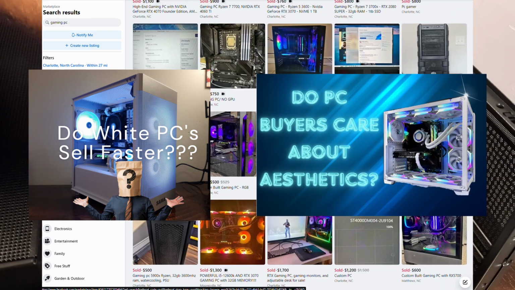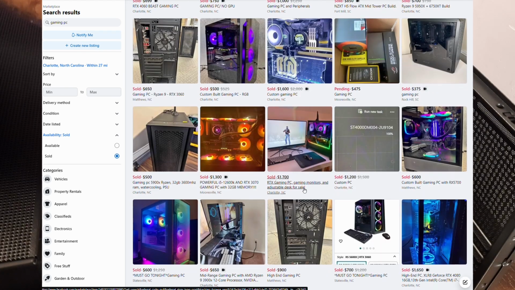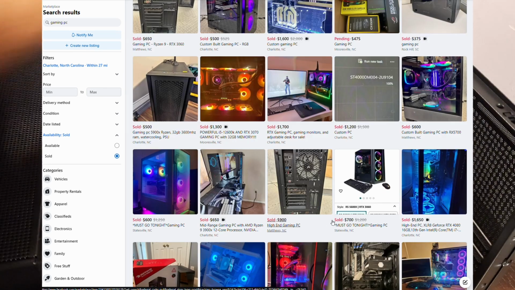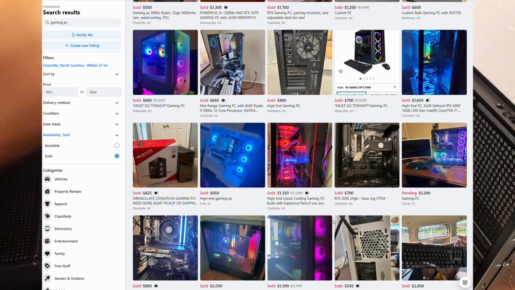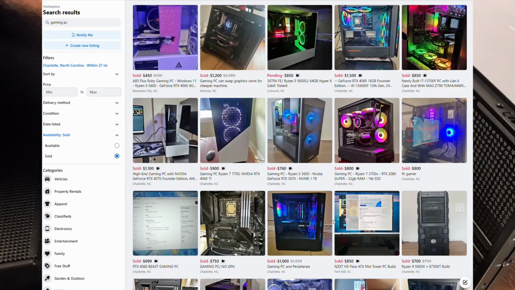So you can really use this data, right? Look at the ones that are sold, not the ones that are selling, but the ones that have actually sold, what they sold for, and then try to learn what you can about your local market. You can also use this to get an idea of what price range most PCs are selling in.